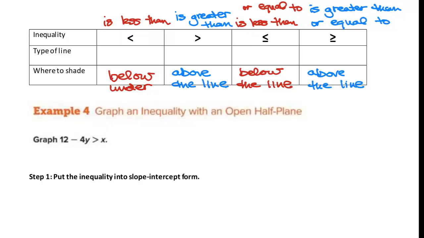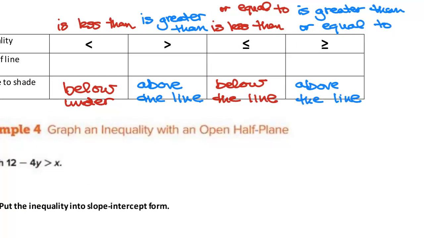Third, yeah. Why does it look like an equal sign? Because it's got the little dash there. It's got part of that, right? So anytime you have this bottom part with the equal sign, what kind of line are you going to draw? It's going to be a solid line, just like when you do an equation and you graph an equation. It's always a solid line, right?